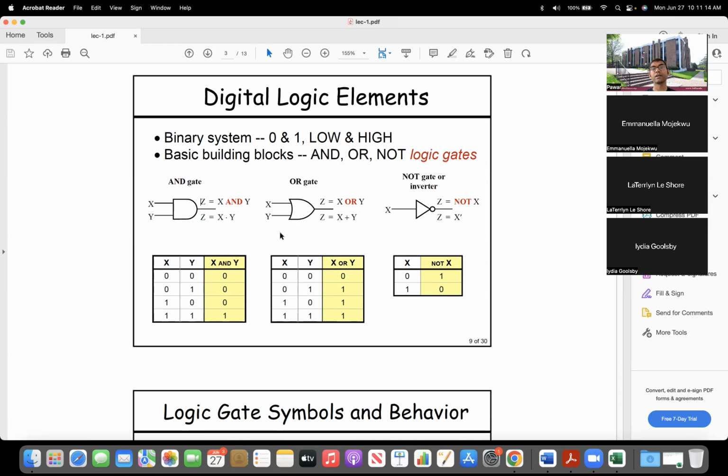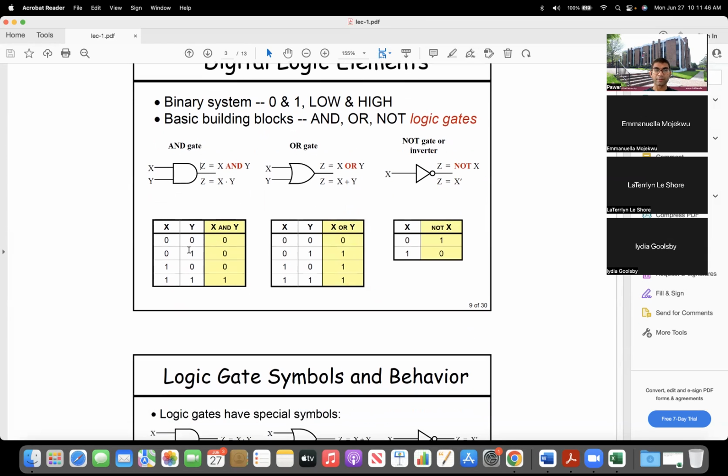Whenever you see this diagram, you say that it's an OR gate. Whenever you see this arrow diagram, it's a NOT gate, right? So these diagrams have been made to make things simpler and to visualize things, right? People usually use these three diagrams for these three different gates. Now, if you go into these truth tables, right?